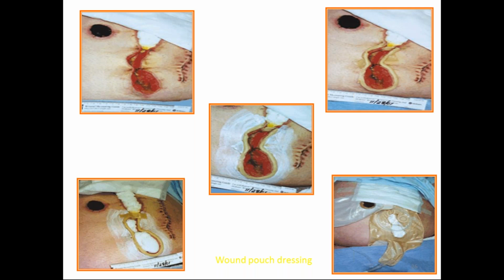Above the black mark is the ileostomy site, and the one below is the fistula site, and there is an open wound. So this is the ileostomy bag, the last picture. We have kept an ileostomy bag even around the fistula site, so that the leakage of the fistula is contained.